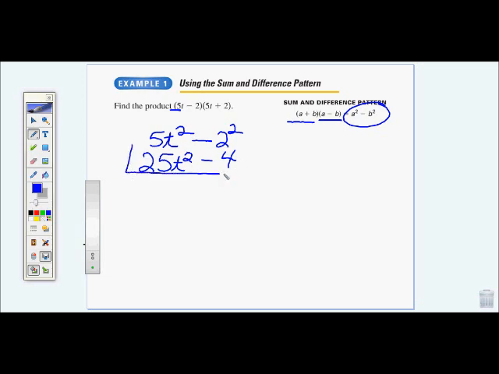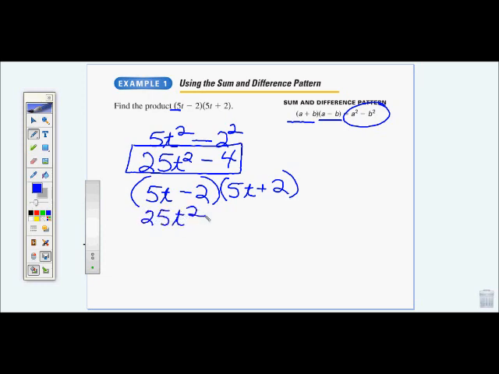Now, let's go ahead and show this one in the FOIL method and see if we come up with that same answer. So if I do 5t minus 2 times 5t plus 2, first would be 5t times 5t, which would be 25t squared, looking good so far. My outside, 5t times a positive 2, would be a positive 10t.